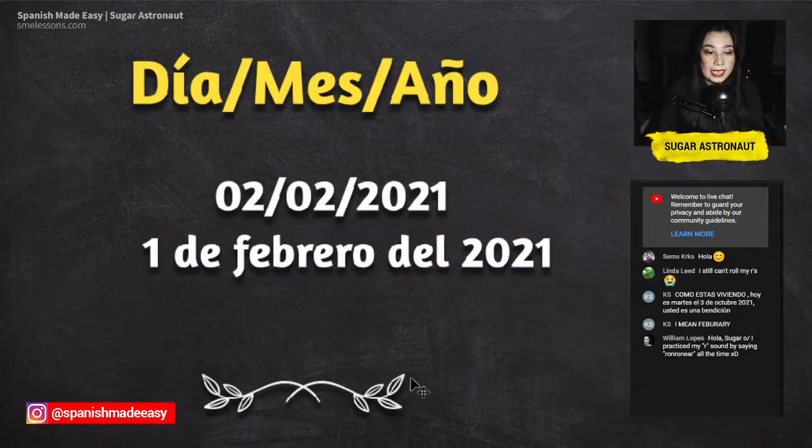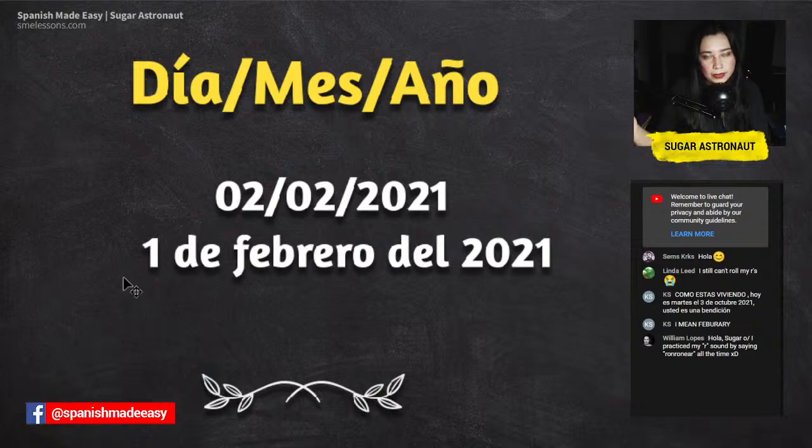So you would say, 1 de enero del 2021. 1 de febrero del 2021. That means, primero means first. And literally, you're saying 1st of February of 2021.